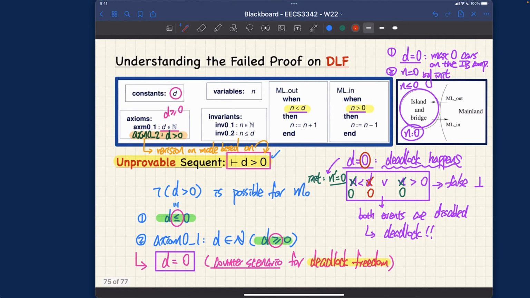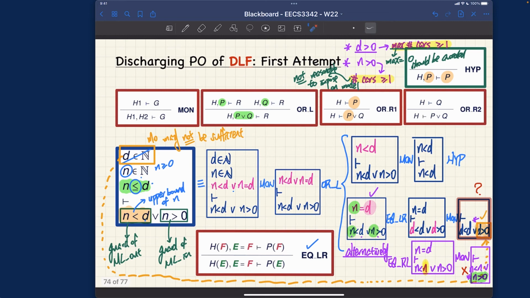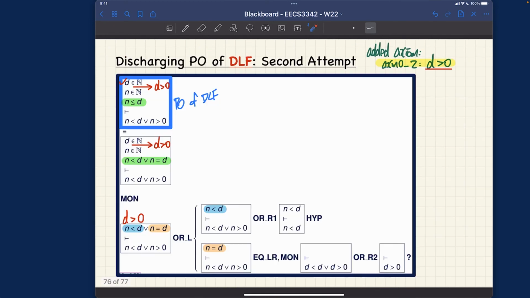If you look at the original rule, we have the disjunction as the hypothesis, and any additional hypothesis should remain in the separate sequence. The H over here is simply the d larger than 0 that we have. So we keep d larger than 0 here, and also d larger than 0 over here. That's the split.